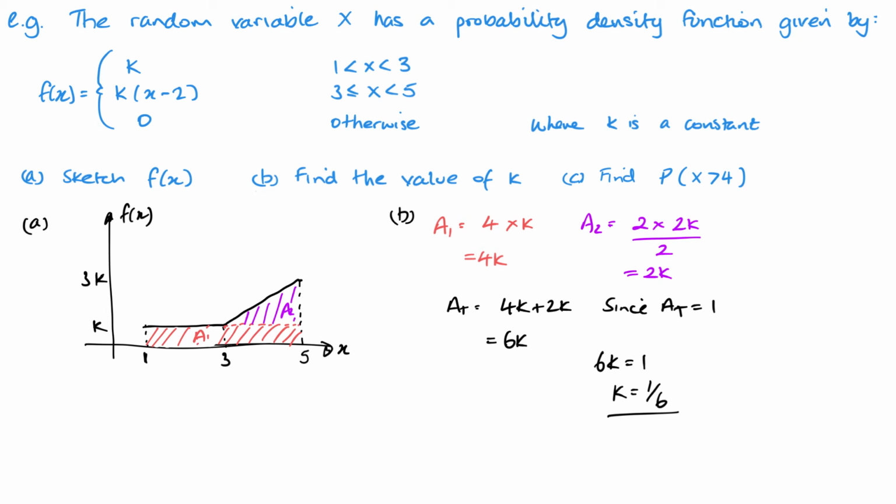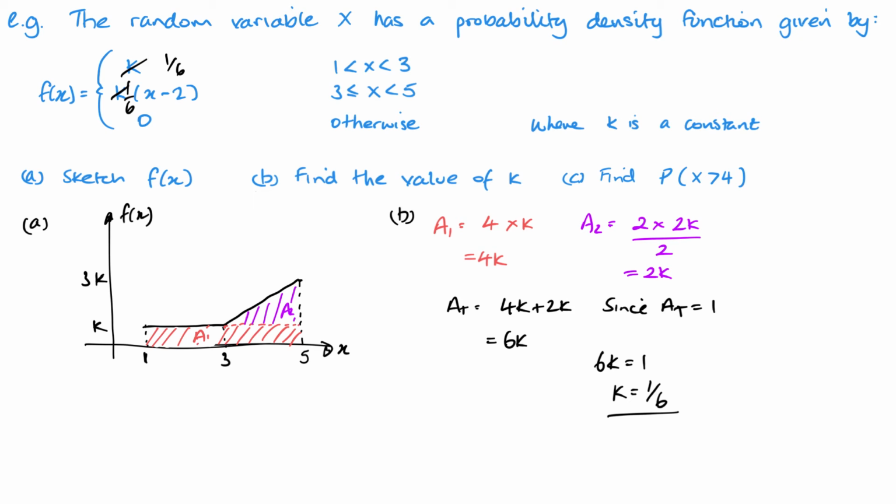Now we're just left with part C, greater than 4. Just before we do that, I'm going to pop the 1/6 in here. So greater than 4 means it's got to be in this part. If I'm going to integrate, I'm going to integrate only this bit, not this first part.